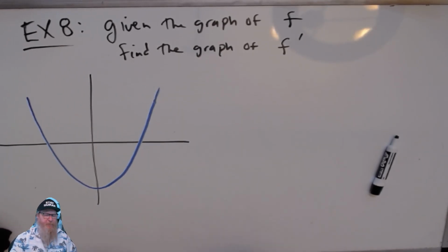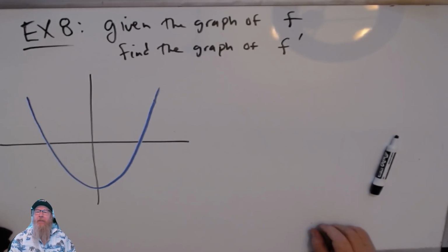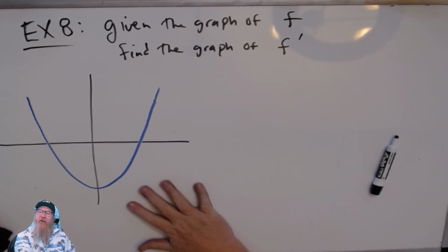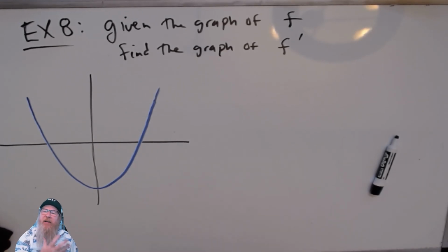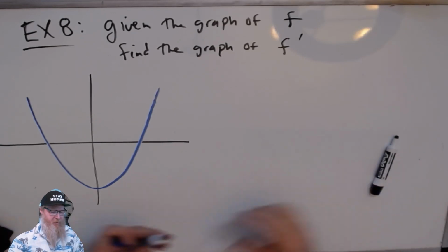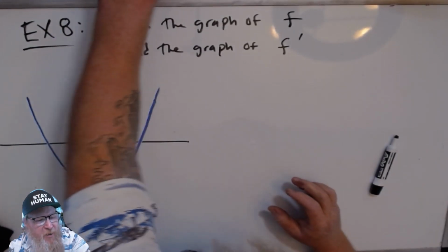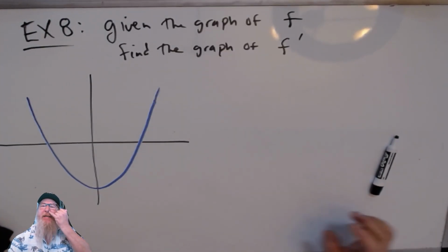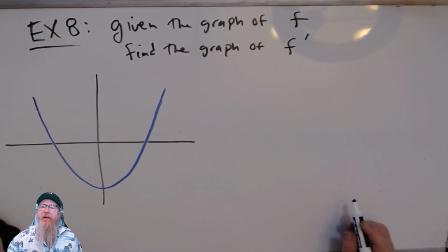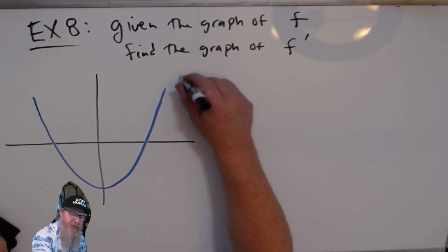Something like that. With this, it's a little bit tougher because it doesn't have a nice, well-defined slope. So what I'm going to do is find 3 slopes. And I don't have to be very exact. In fact, I'm not even going to put any numbers on this grid. The numbers really don't matter. So this is the graph of F.